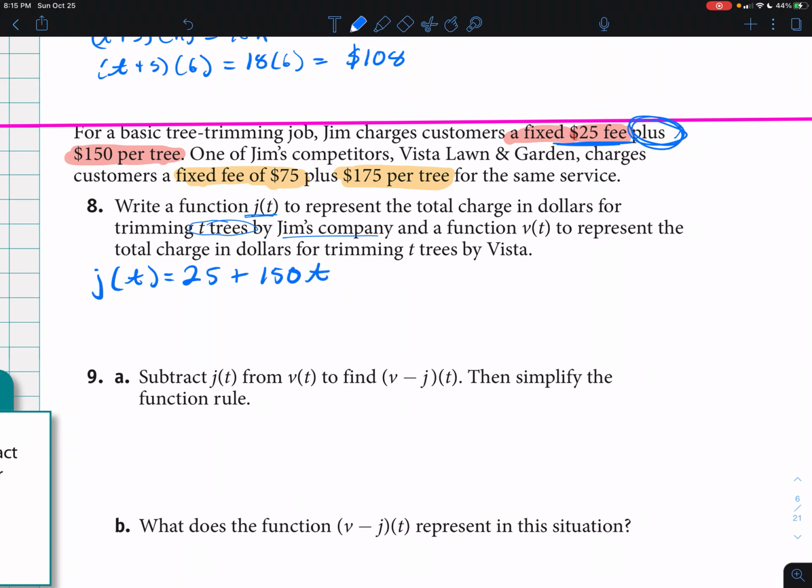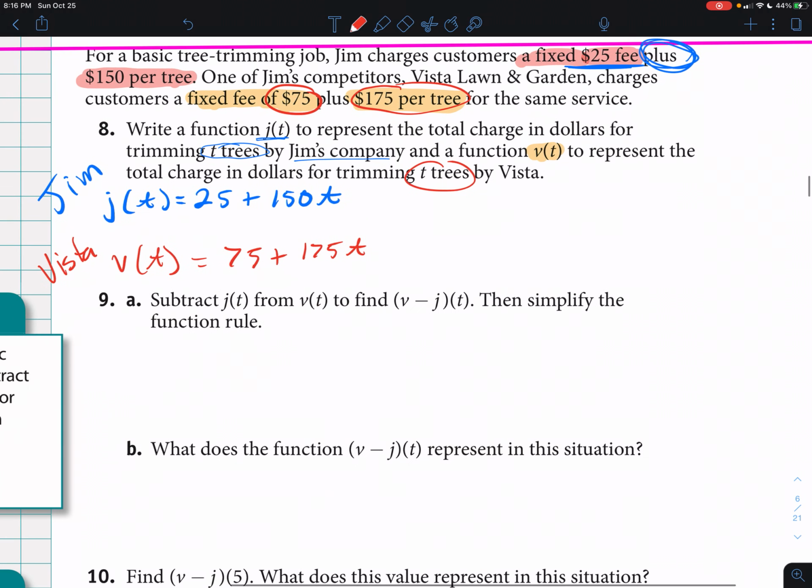That's Jim's company. And the other company is Vista. They want us to use V of T for that, which makes sense. V of T equals that fixed fee of $75 plus that rate of $175 per tree, T trees.